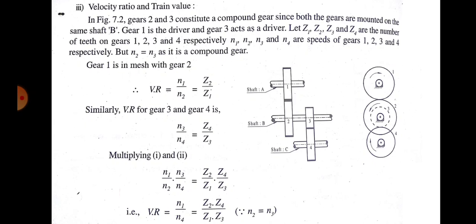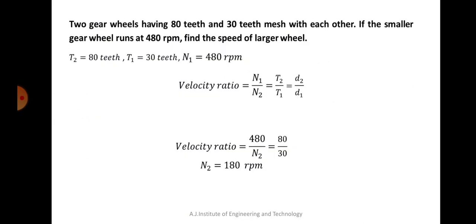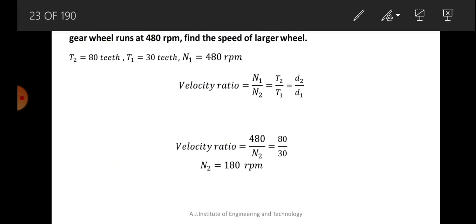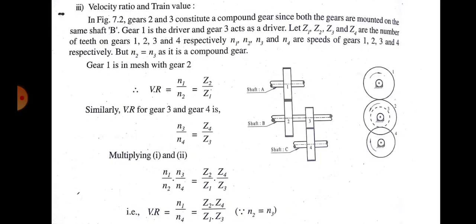That is over. We are connecting 1 and 2. Similarly, velocity ratio for gear 3 and gear 4. So, n3 is the driver. n3 by n4 is equal to z4 by z3. That is also you understand. n3 is the driver, n4 is the driven, z4 by z3.